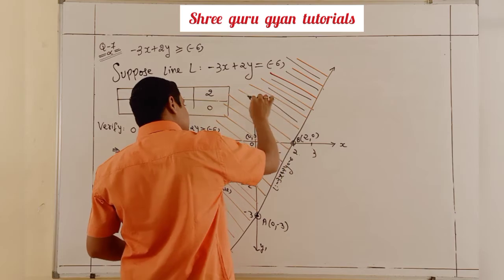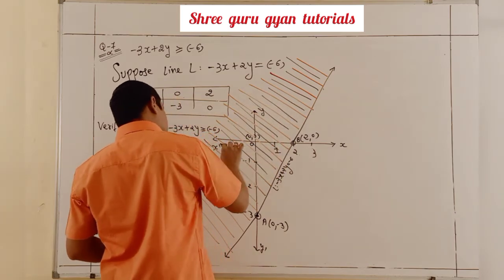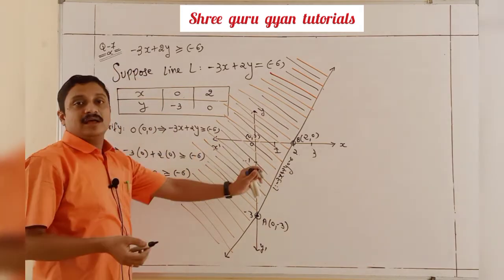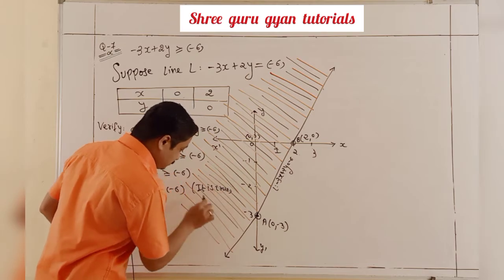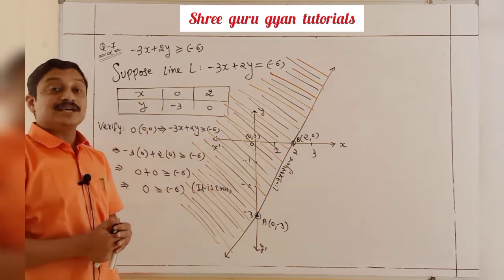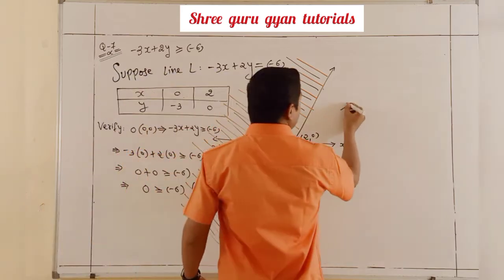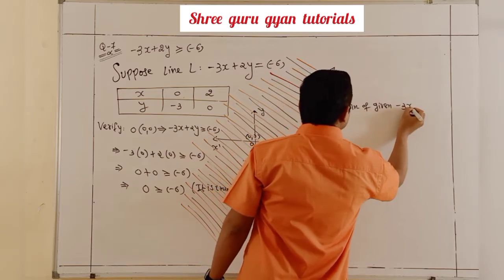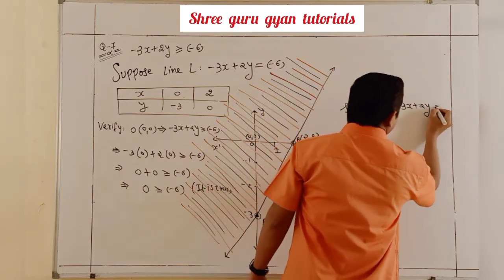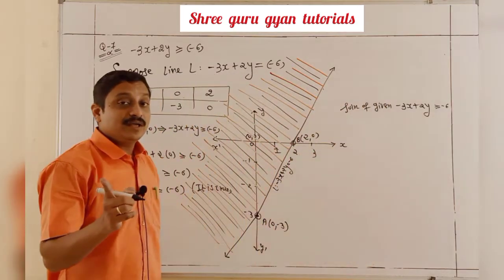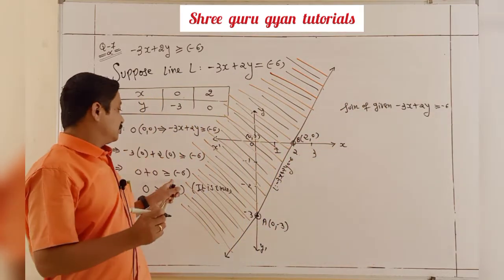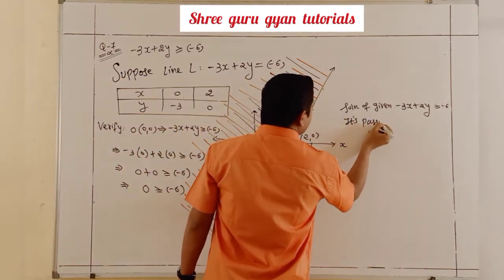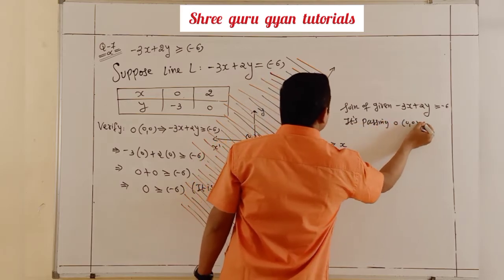For easy understanding, my solution is passing through which quadrant? Quadrant number 1. It also moves ahead through 2, 3 and 4, in the closed half plane. So lastly I write down the solution of the given inequality -3x + 2y greater than or equal to -6. First write that it's passing through the origin O(0, 0).